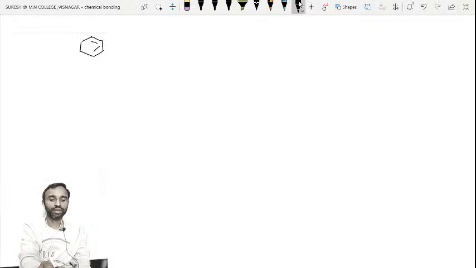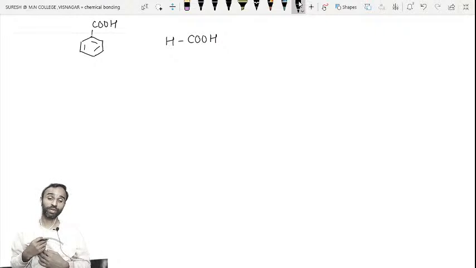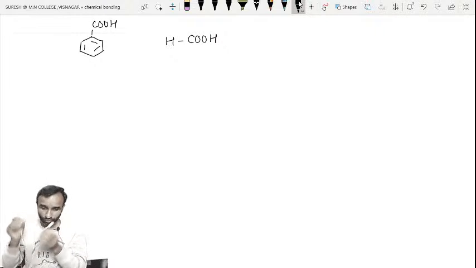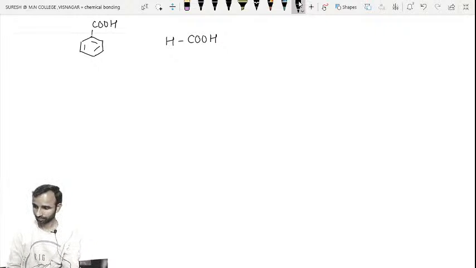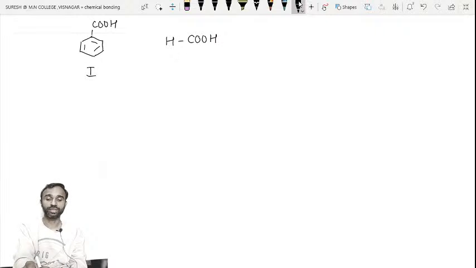Let us compare the acidic strength of benzoic acid with formic acid. Out of benzoic acid and formic acid, which one is more acidic? Very important question.